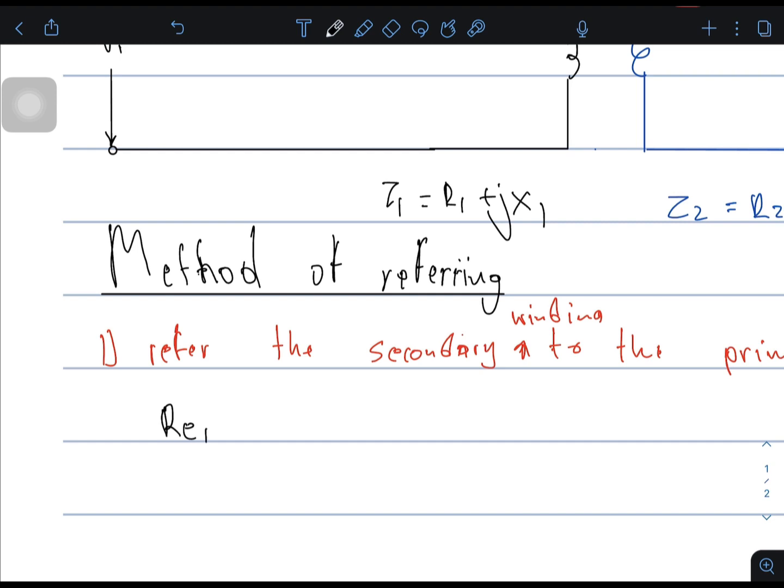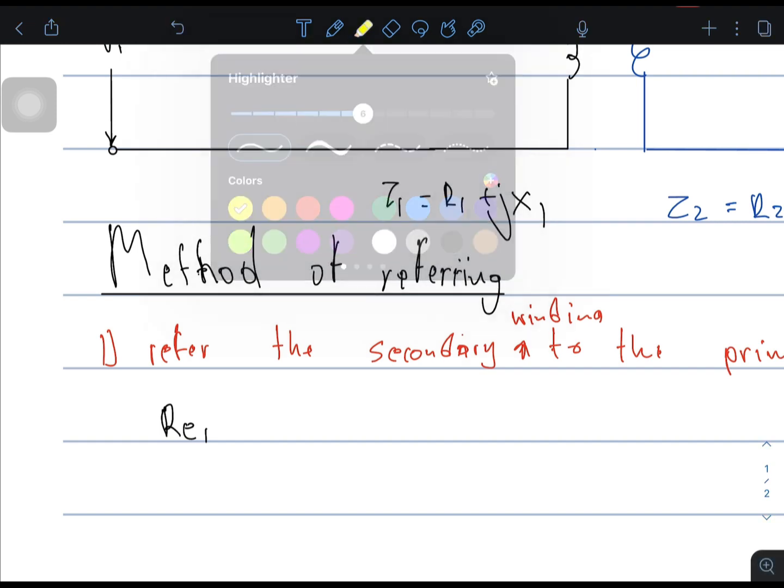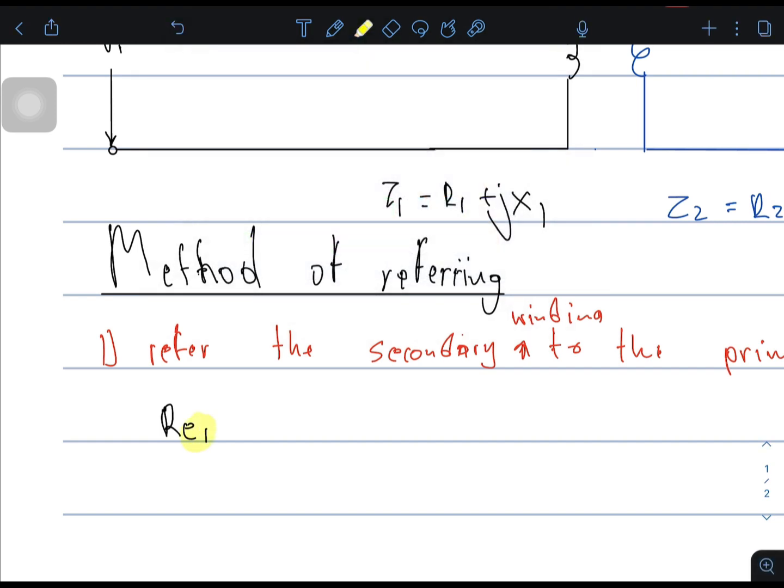RE1, notice that I'm writing a subscript E. Immediately when there is a subscript E, it means that this is an equivalent resistance.